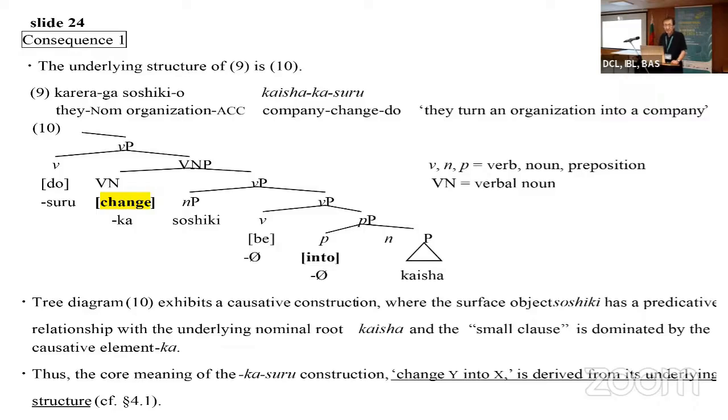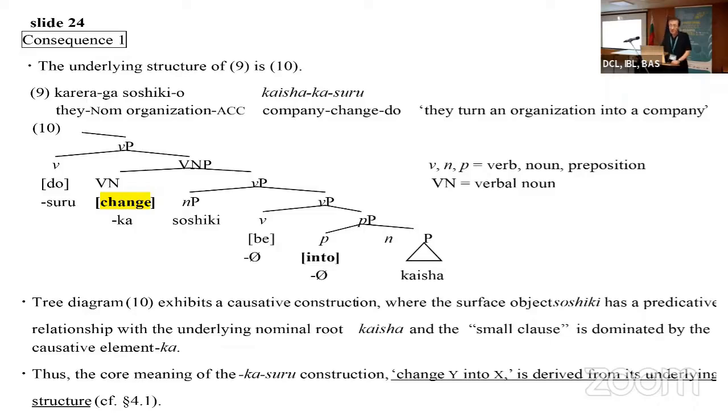In tree diagram 10, small v, small n, small p mean verb, noun, preposition, respectively, and vn means verbal noun.